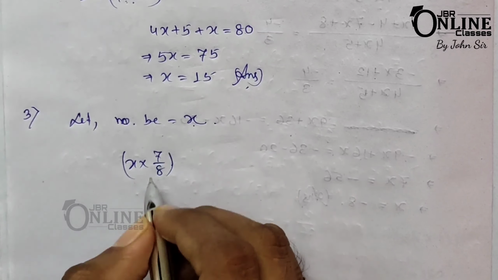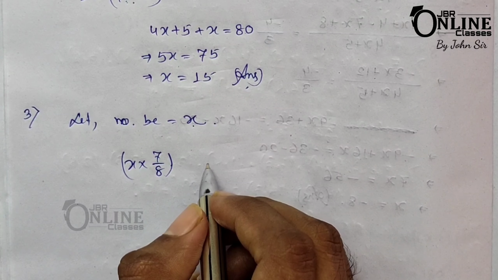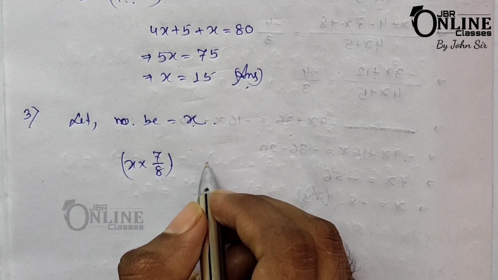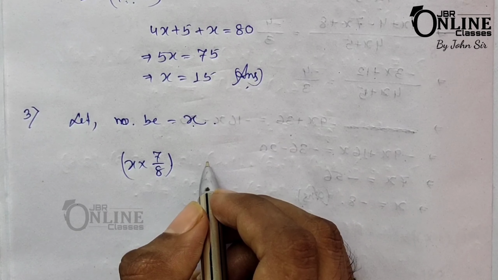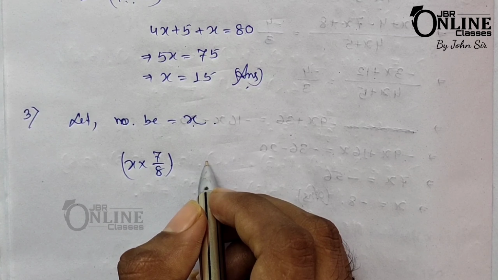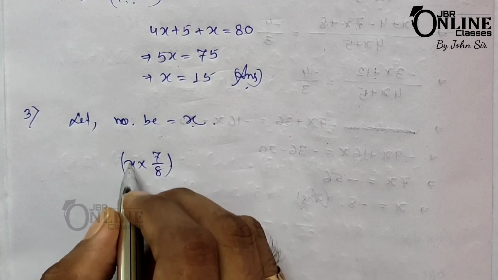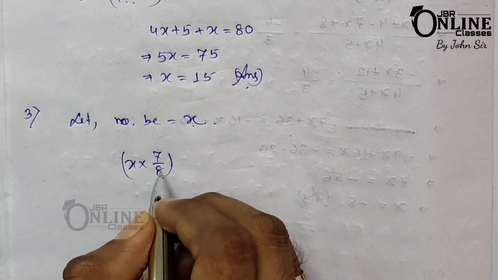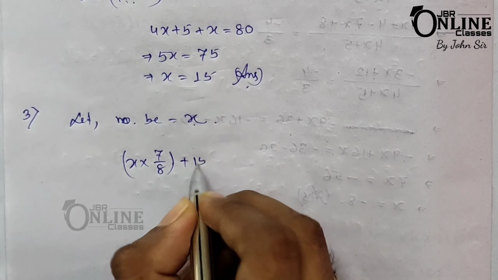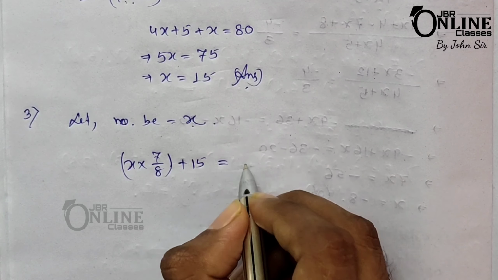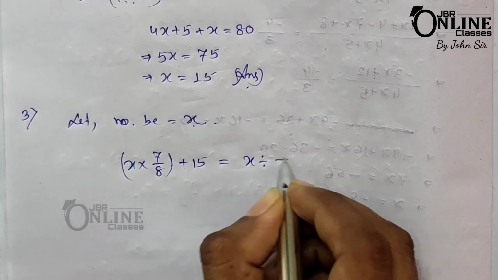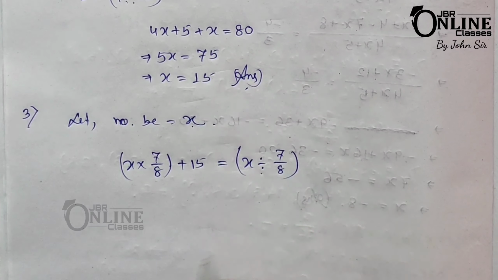But instead she divided the number by 7 by 8, that means x divided by 7 by 8, and she got a result 15 more than the correct answer. The correct answer is x into 7 by 8, and 15 more means if you add 15, it becomes x divided by 7 by 8.